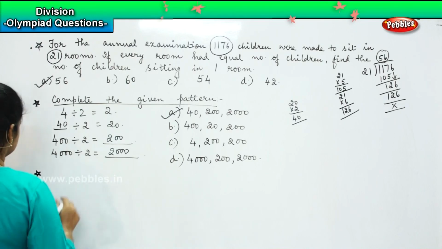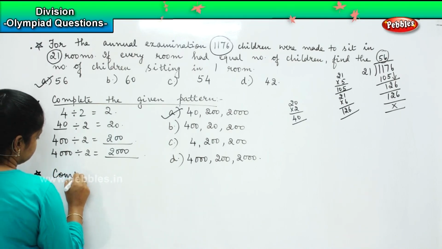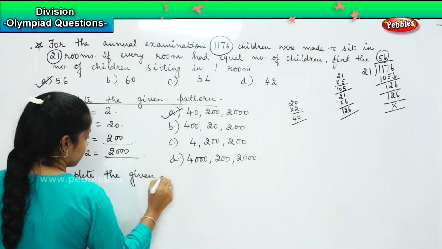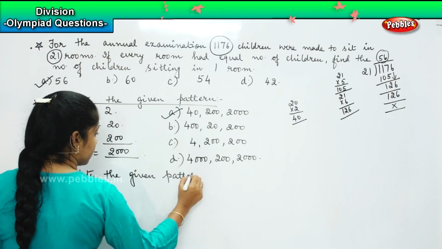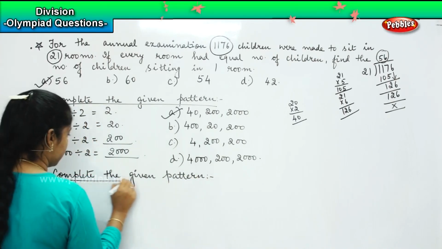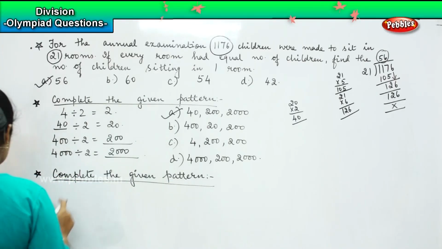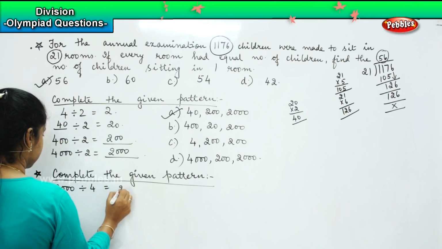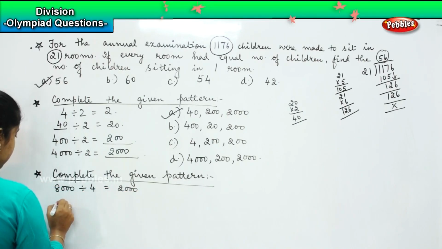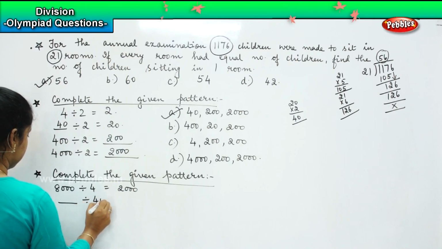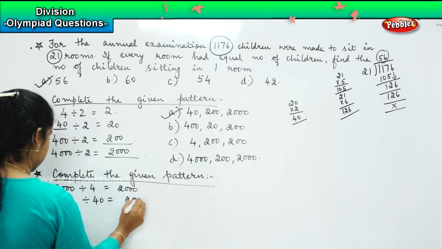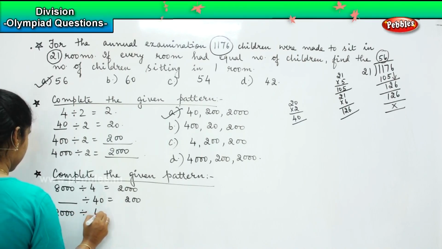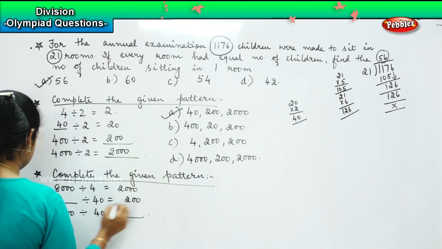The question says, again complete the pattern. Okay. And the question is 8000 divided by 4 is 2000. Dash divided by 40 is 200. 8000 divided by 400 is equals to dash.